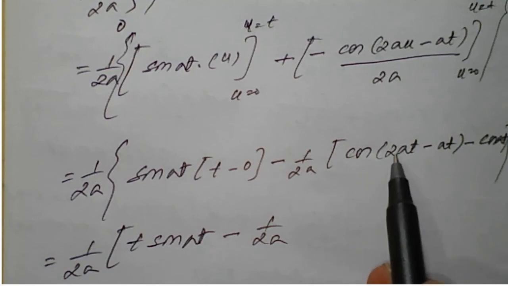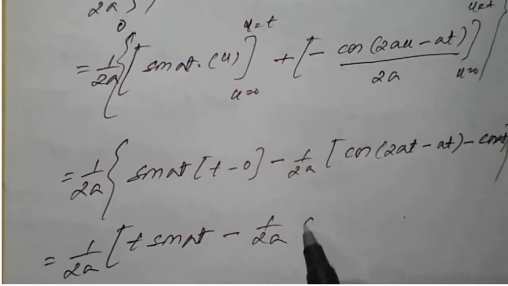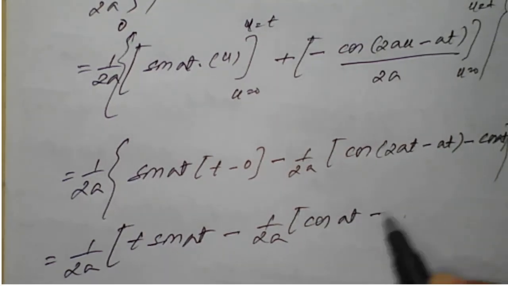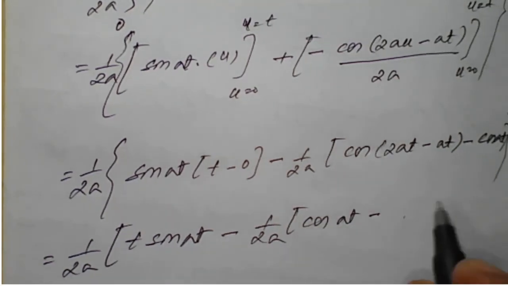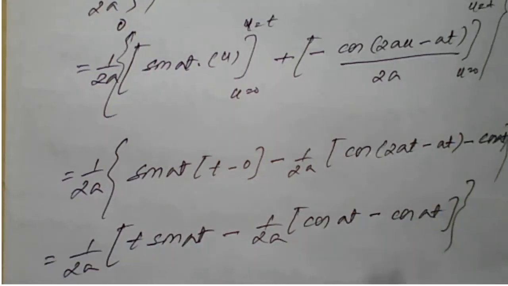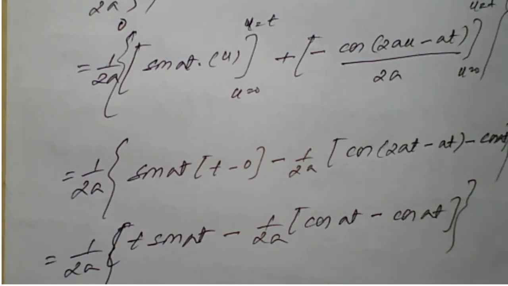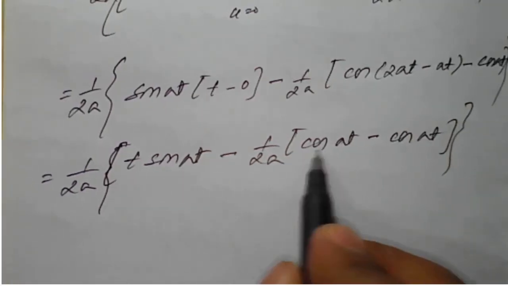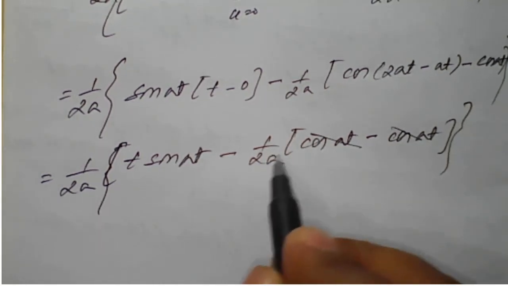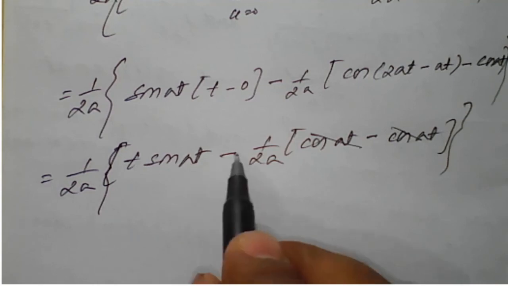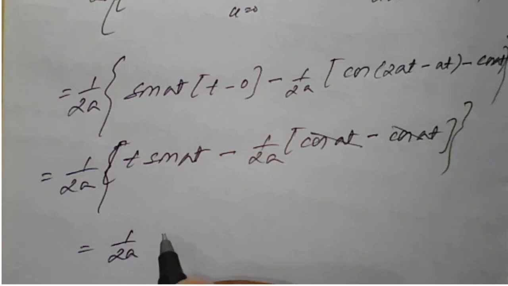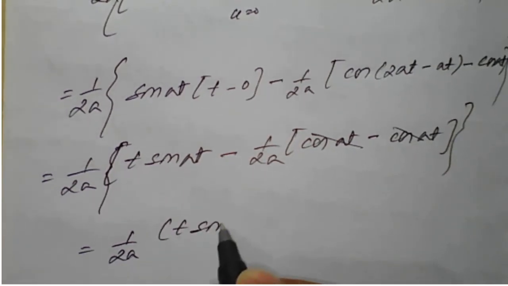Here cos of 2at minus at is nothing but cos of at, minus cos of at. So cos at minus cos at cancels, 0 into 1 by 2a is 0. So t sine at minus 0 is 1 by 2a into t sine at.